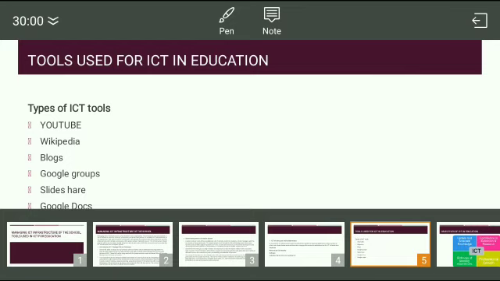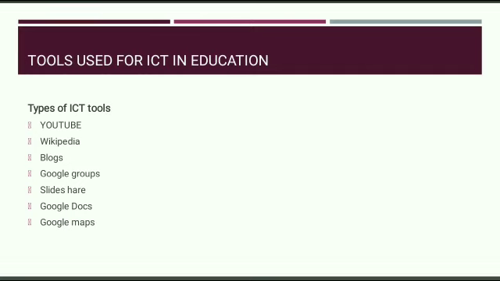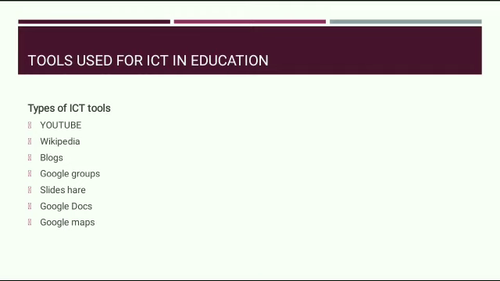Now let's see what the tools are that are used for ICT in education. The very first is YouTube. Yes, I am now contacting all of you via YouTube only. YouTube has become an integral part of studies nowadays. Then Wikipedia, which contains abundant and thorough information on almost anything. Then blogs, the new way of communicating for researchers.